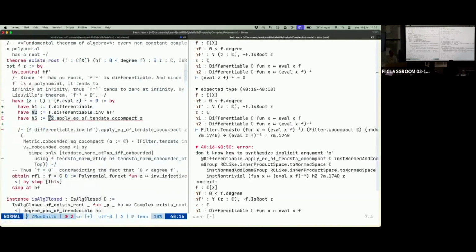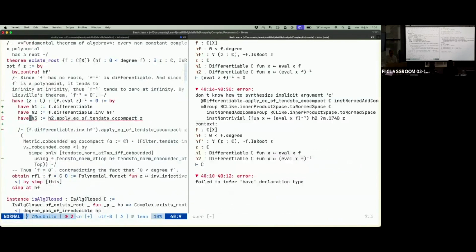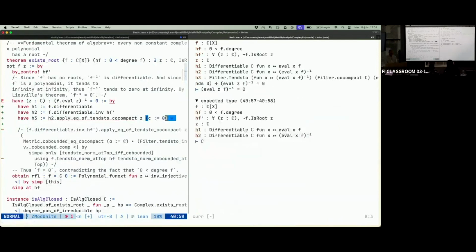Oh, C colon equals 0. Sorry. It can figure out what the C is supposed to be, but your C is supposed to be 0.